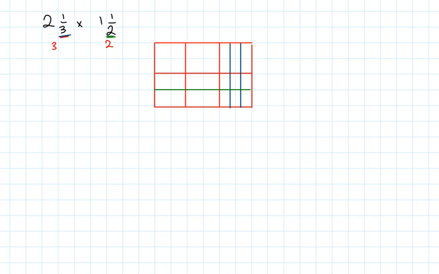Okay, so now let's put in the numbers that we have. So this is 1.5. So that's our first number. And for the 2 2/3, that's 1, 2, and 1/3. Okay, and that's our number that we need to multiply.